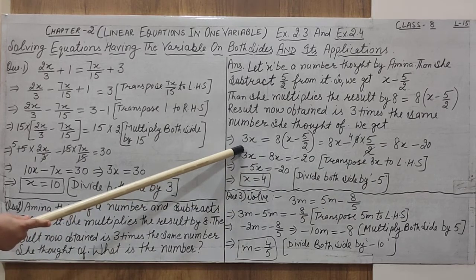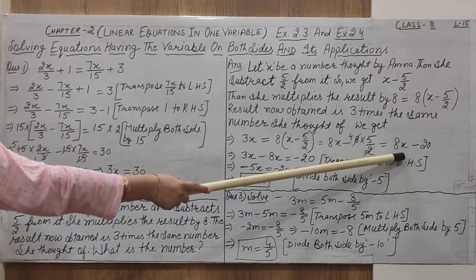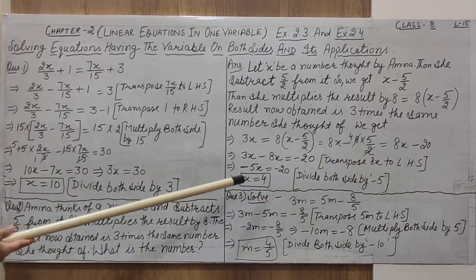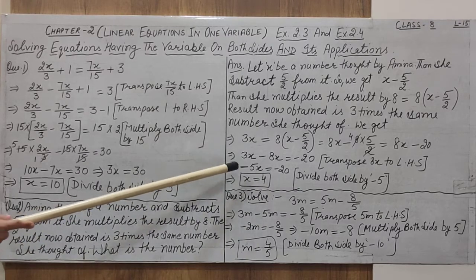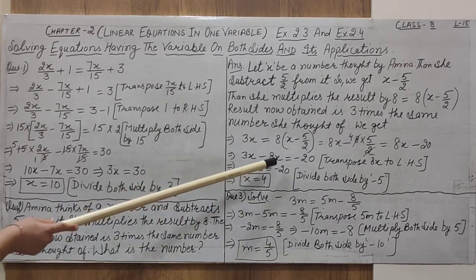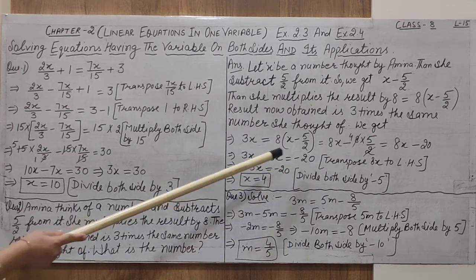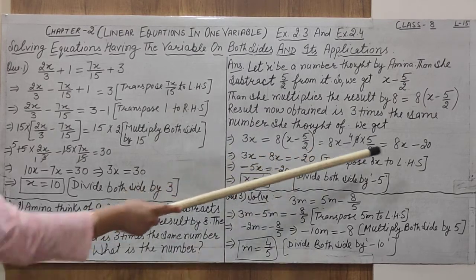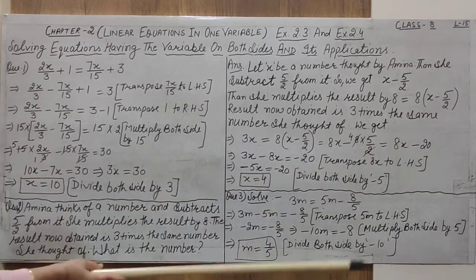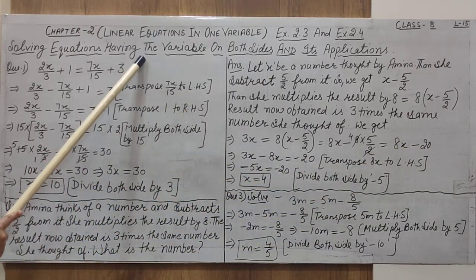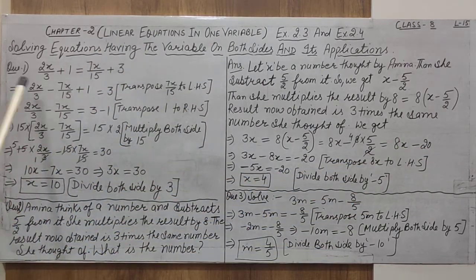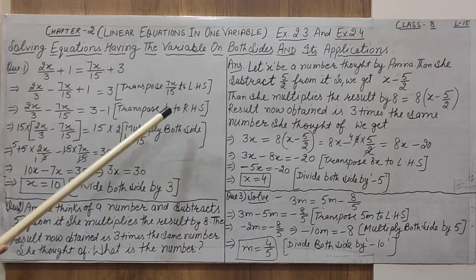Left hand side is 3x and right hand side is 8x minus 20. Our equation is 3x is equal to 8x minus 20. Now, according to the method, we have to collect x on the one side and constants on the other side.